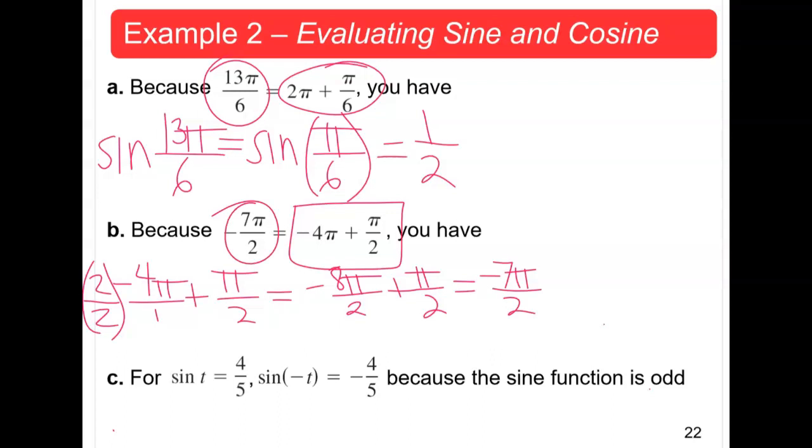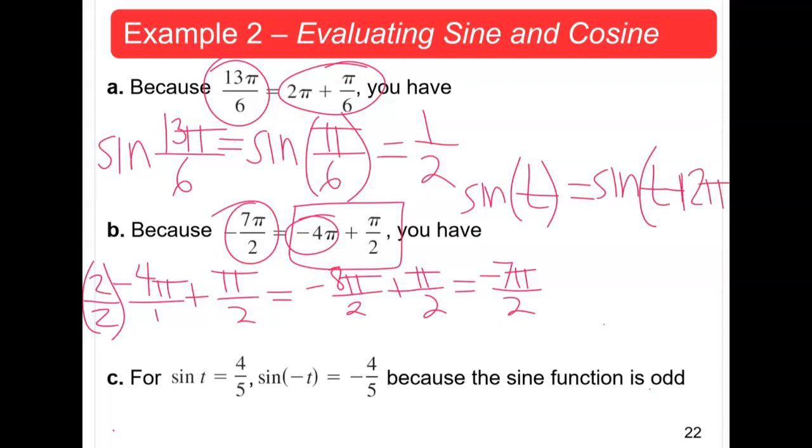Now, how do we know to break it into negative 4 pi and then pi over 2? Well, because remember that periodic functions will be defined as, let's say, sine of t will be the same as the sine of t plus 2 pi. And moreover, we said that that could be extended into multiples of 2 pi, and we were using the letter n.